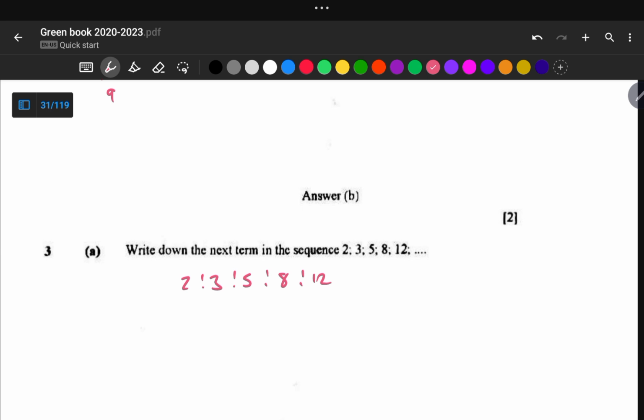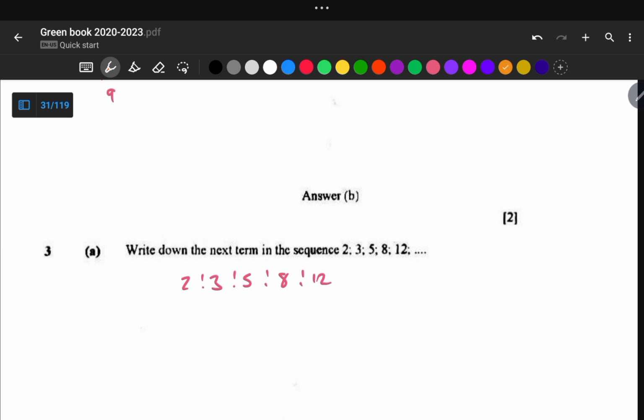We add 1 to 2 to get 3, and for us to get 5 from 3, we add 2 to 3. And for us to get 8, we add 3 to 5. And for us to get 12 from 8, we add 4 to 8.